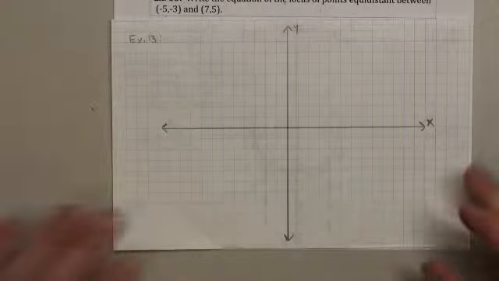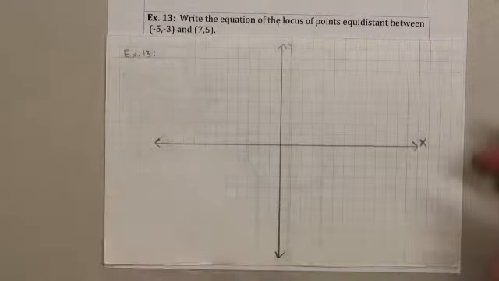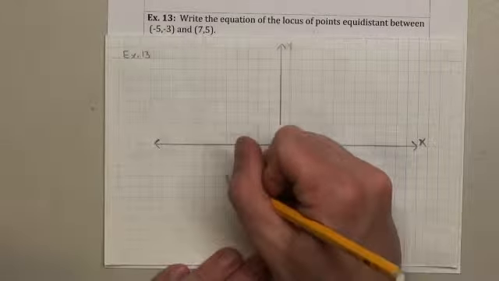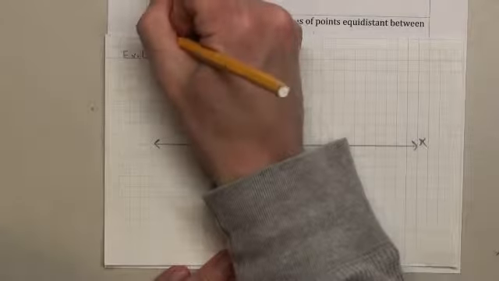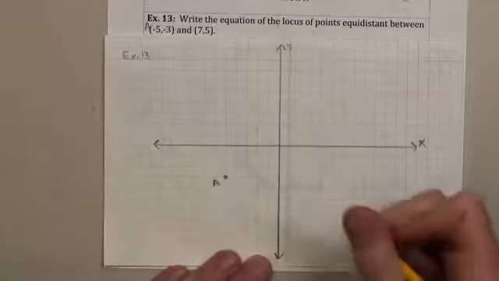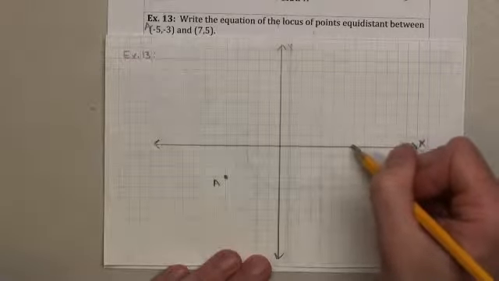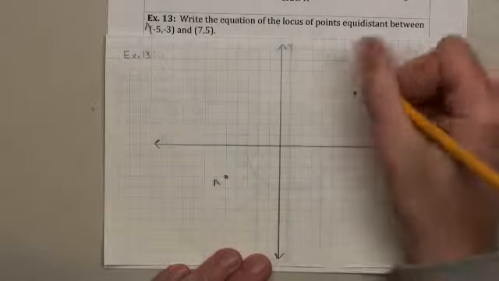Let me move that down a little bit. -5, -3. Let's call that A. And then I have 7, 5.